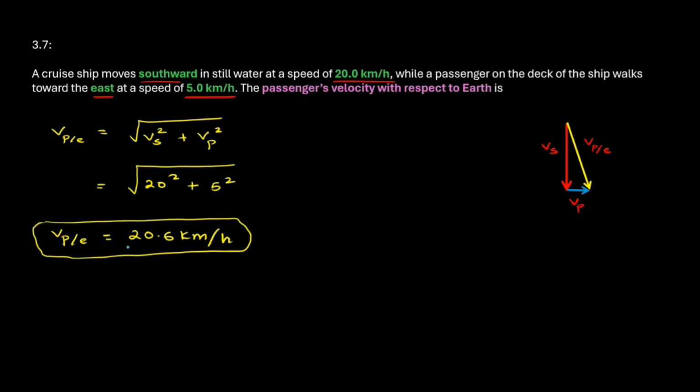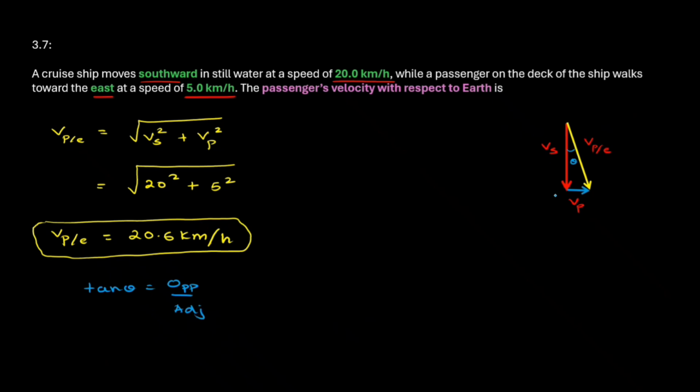Next, we will find the direction of this velocity with respect to the velocity of the ship. So I need to find this angle theta here. To find theta, you can use any one of the trigonometric ratios. I'm going to use tan theta. We know tan theta is opposite side over the adjacent side.